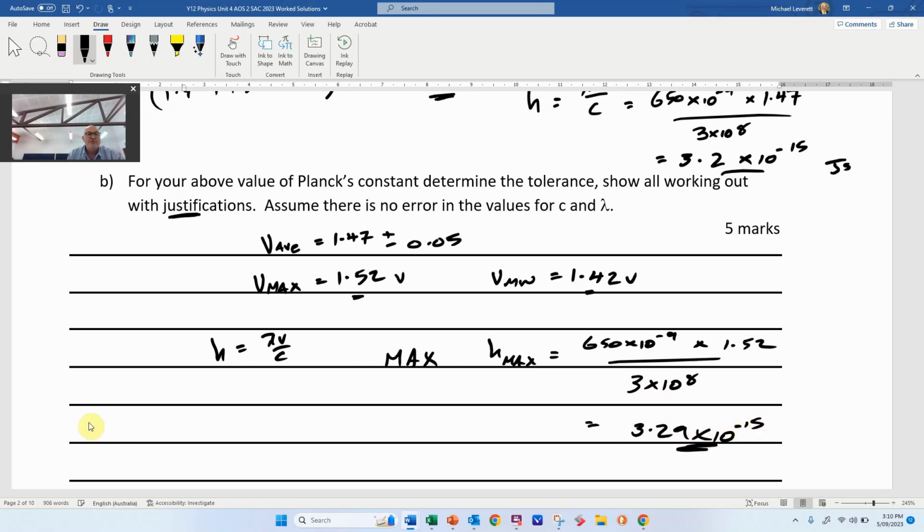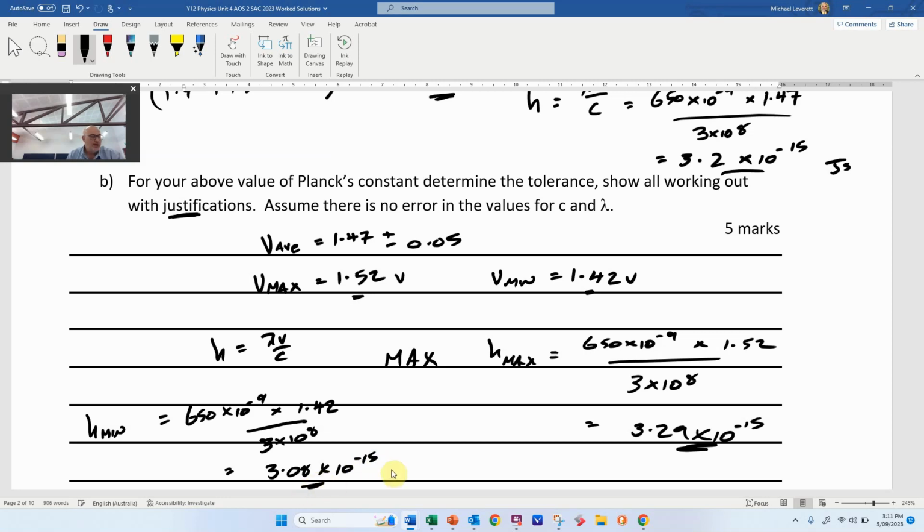So that's for our max. For our minimum, H min is equal to 650 by 10 to the -9 by 1.42 over 3 by 10 to the 8. And that's going to give us 3.08 by 10 to the -15.